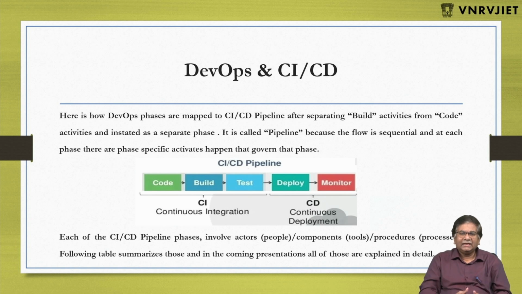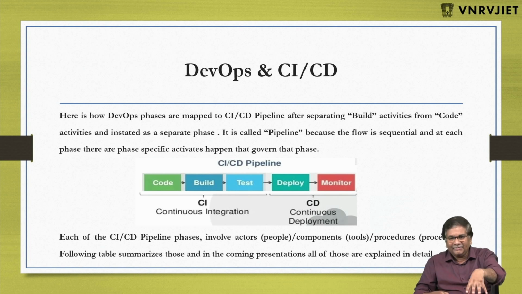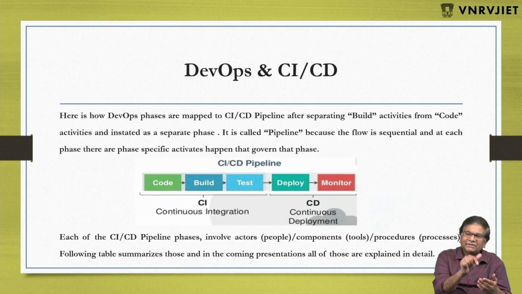Now, you see the picture: code, build, test. They come under continuous integration. Of course, the test requires deployment, but it's part of the continuous integration process. Again, like I said, delivery is different, deployment is different. Sometimes, when the installer is there, it might not take a lot of time, so people might go and install manually.